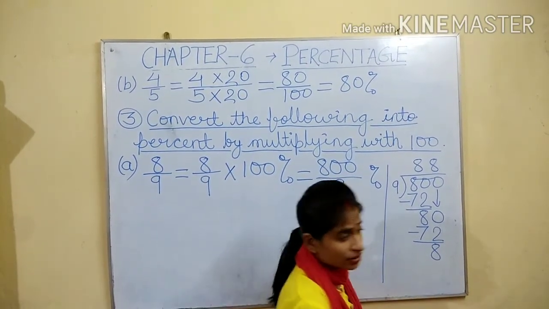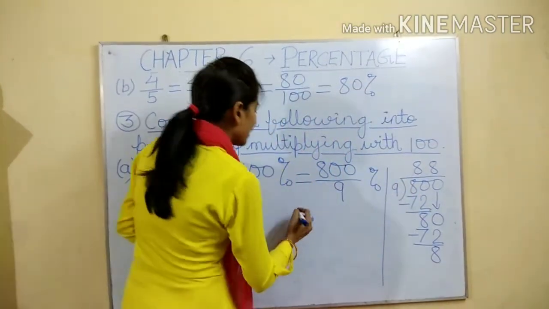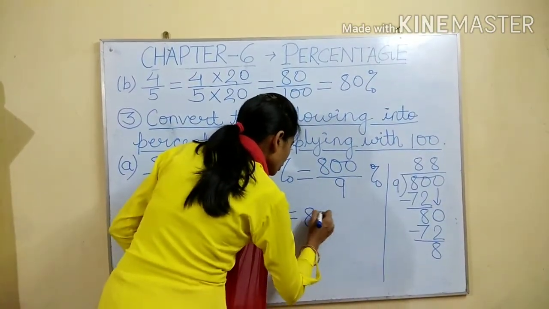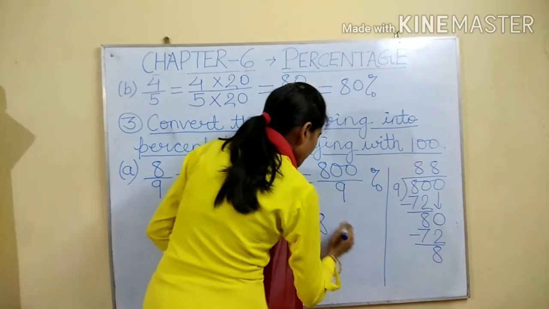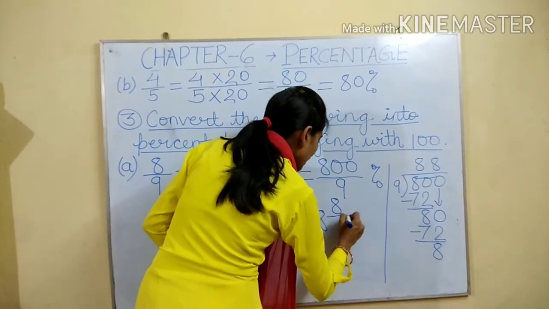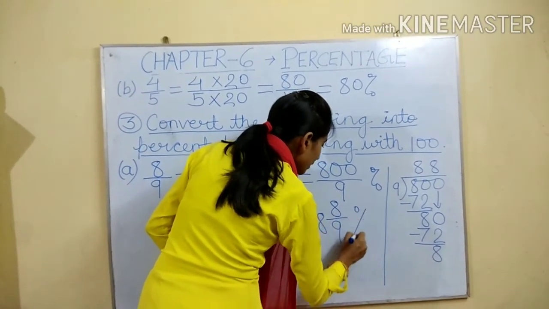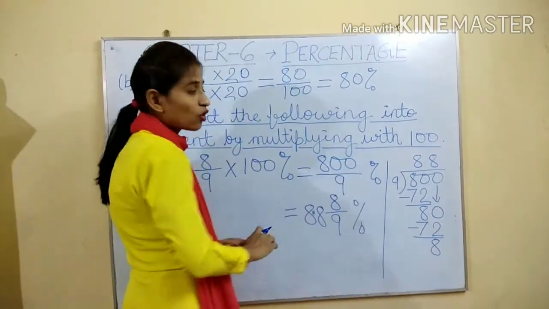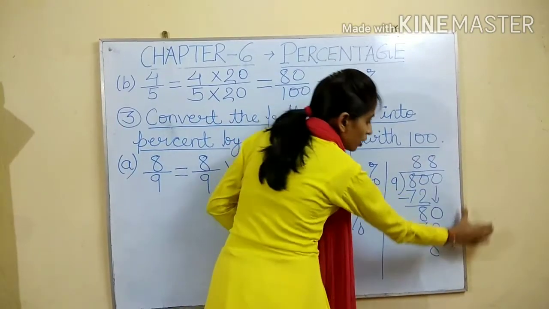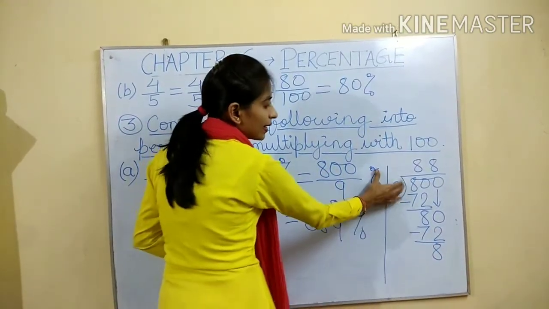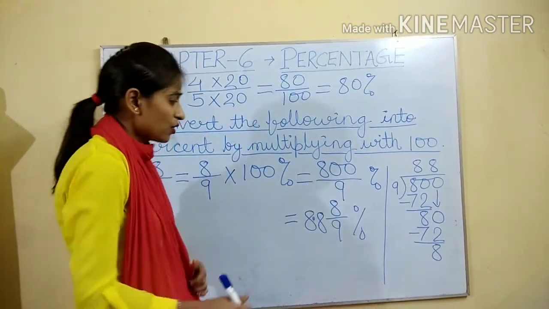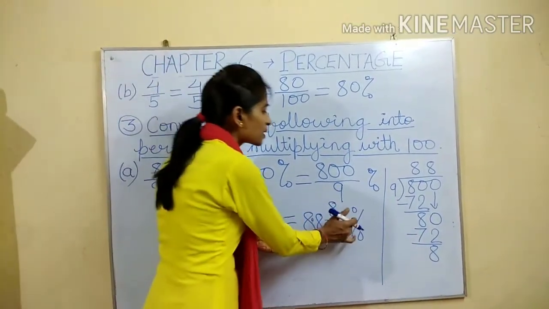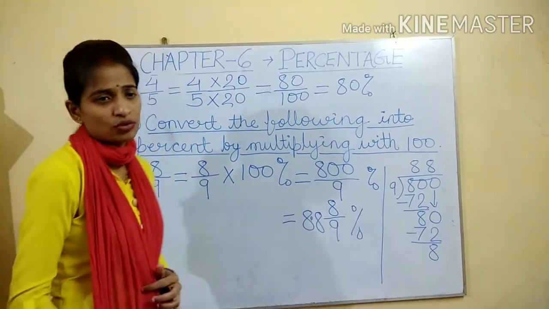Remainder 8. So we can write it as 88 whole 8 by 9%. 88 whole 8 by 9%. We can also represent it in decimal form or we can represent it in mixed form also.